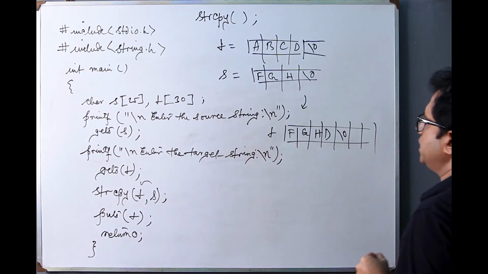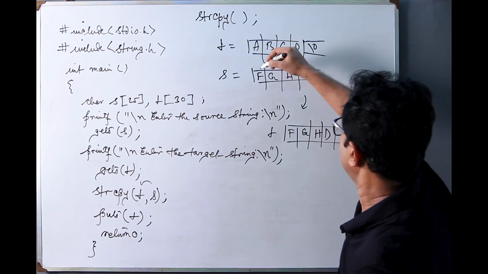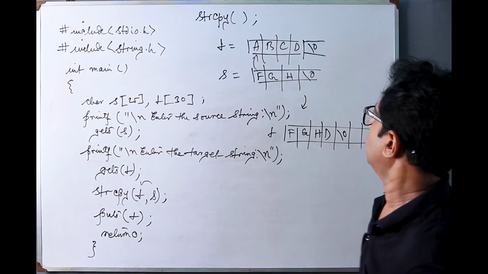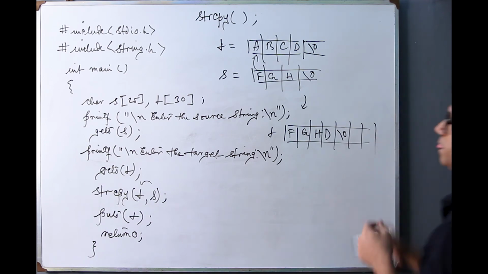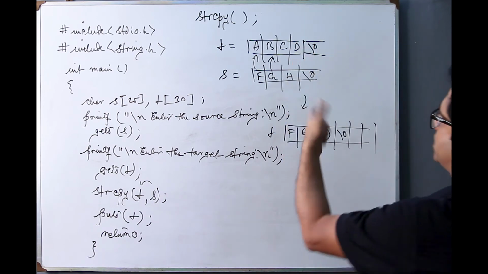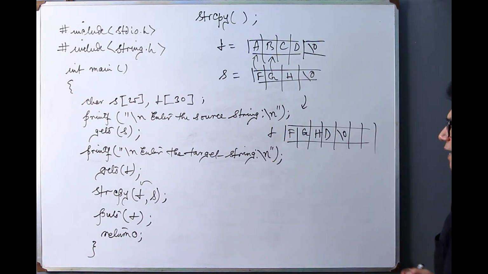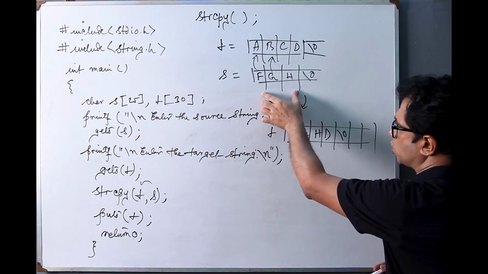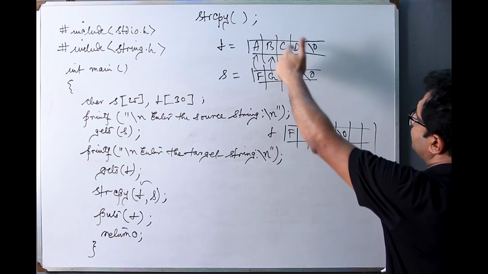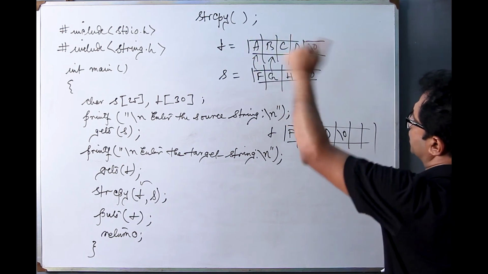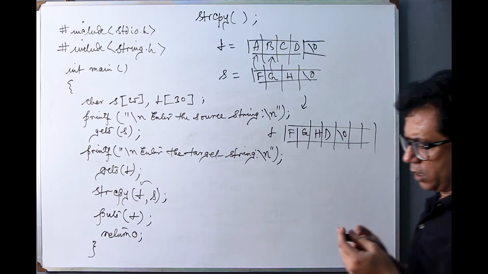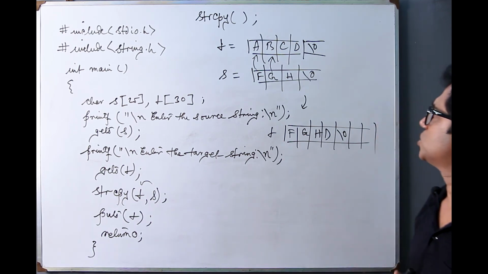What we have seen is that the source string's first character overrides the first character of T, the second character erases the second character of T, and so on, till the entire source string is exhausted, overwriting whatever is in the target string.